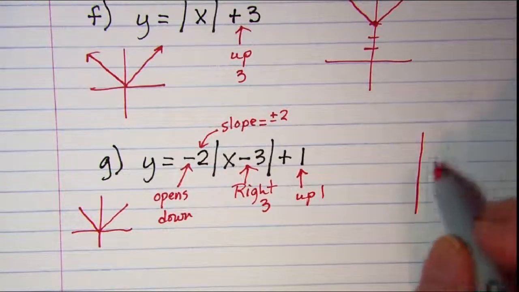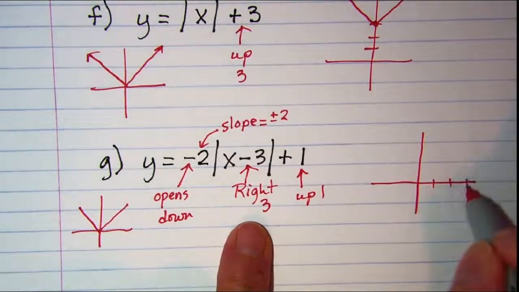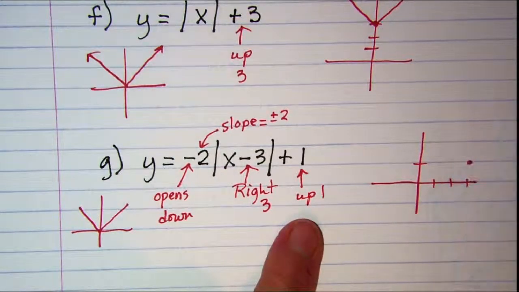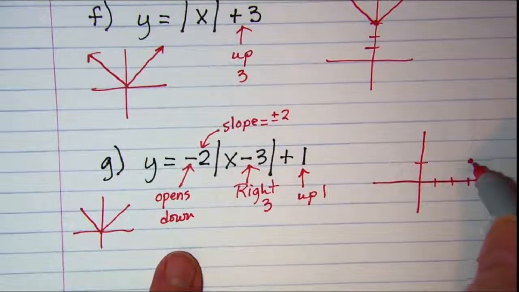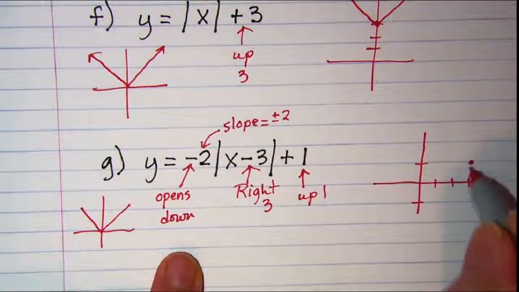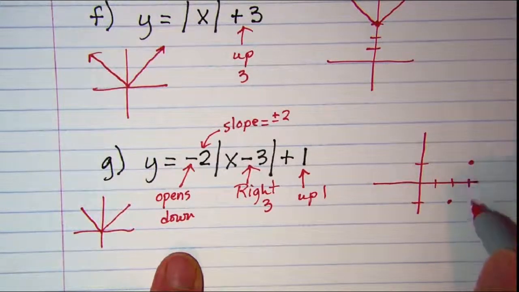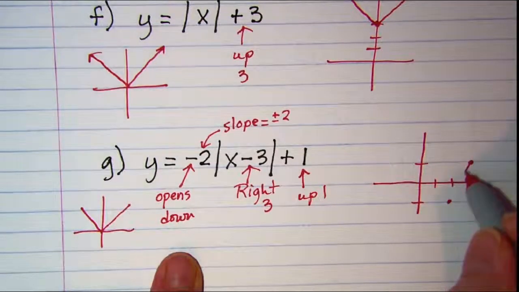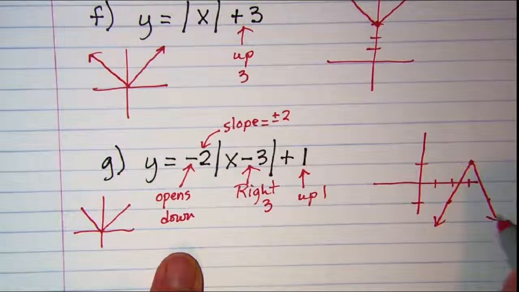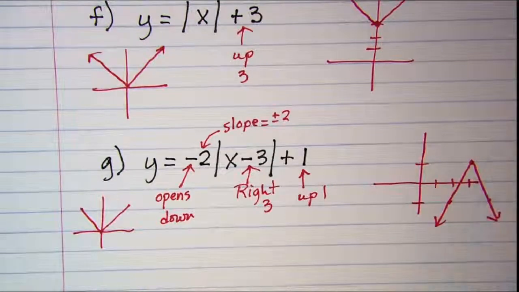So if we go right 3 and up 1, our vertex is there, and then we're going to open down, but we want a slope of 2. So this time we want to go down 2 and left 1, or down 2 and right 1. So our absolute value graph shown here looks like this.